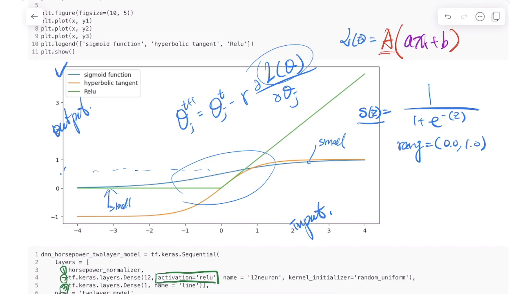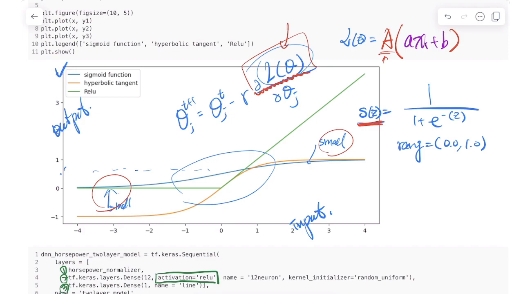If you choose this a function as the sigmoid function, and as you can see the slope is quite small, so when you do partial differentiation, okay, this part will be quite small because you choose an activation function which at some ranges has a quite small slope, so the value right here will be small.